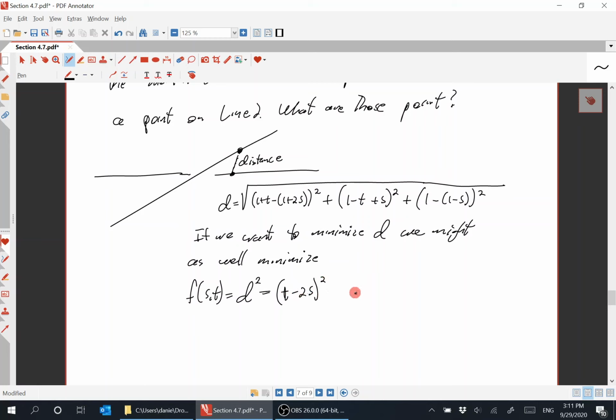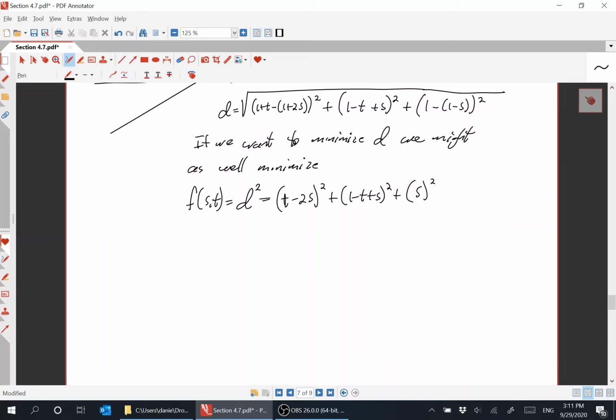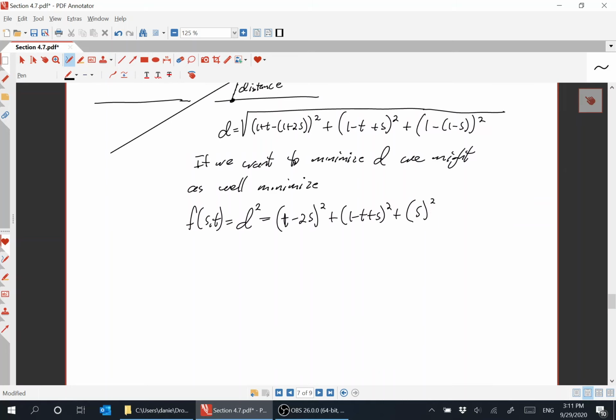So no square root, it'll be easier to calculate derivatives. Plus 1 minus t plus s squared plus s squared. So here's our two-variable function. And in this one we don't have to reduce the number of variables. We already have just a two-variable function that we're trying to minimize.